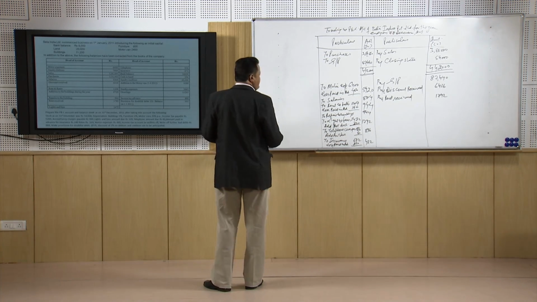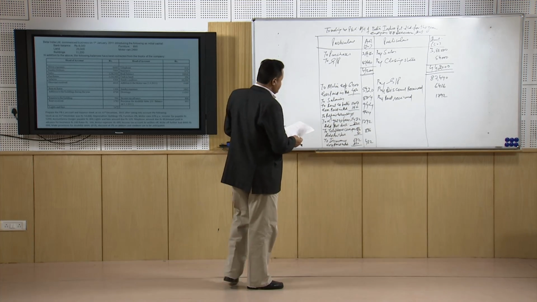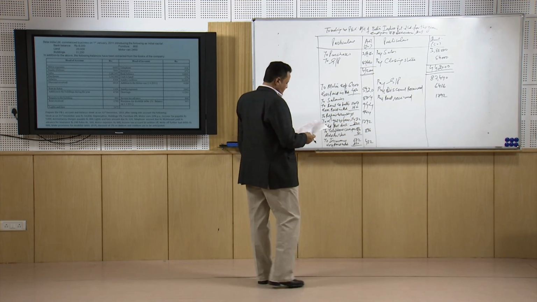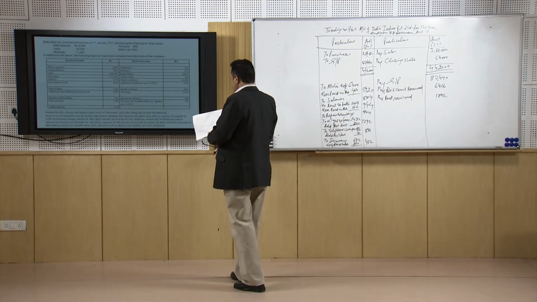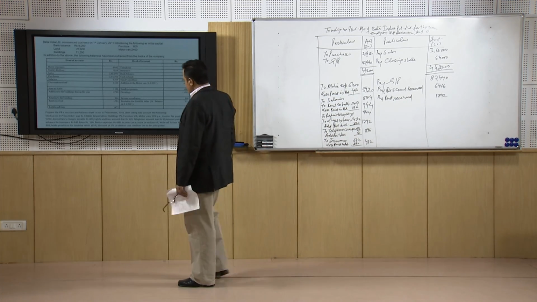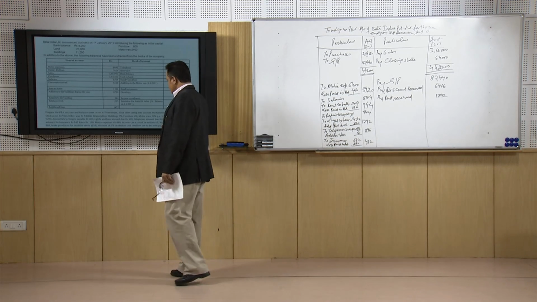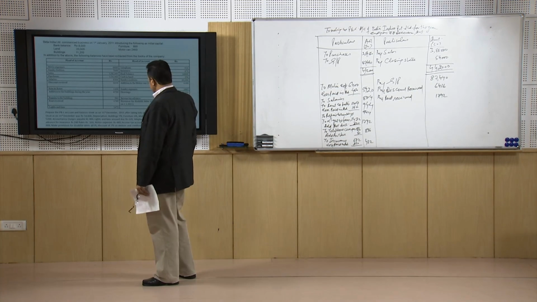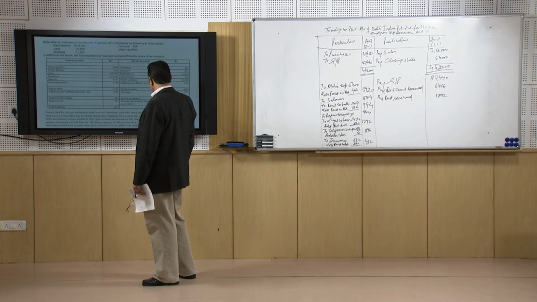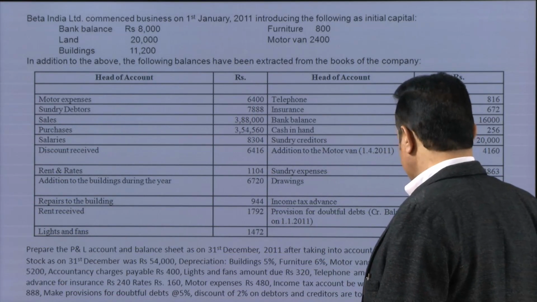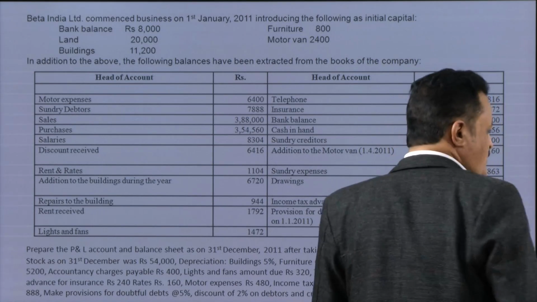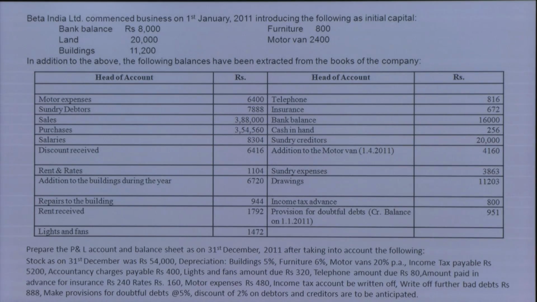But in the income side, if you look at, we have taken the discount received and we have taken the rent, that is 1792. Is there any other income? If you look at this information, then we will be able to find out that some additional information is there with regard to the income side. But we will consider it in due course once we add into this the other expense.